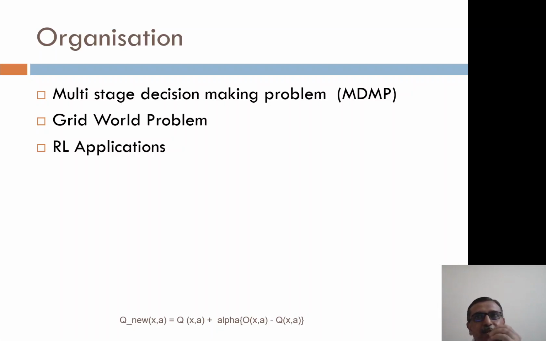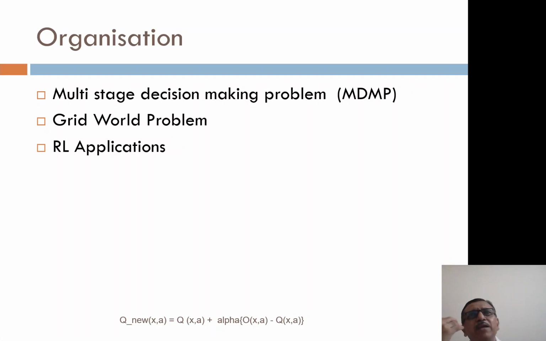Then the objective of this course is that there are a lot of decision making problems out there in various engineering domains, say electrical engineering, power systems. As I mentioned in the initial video, power system scheduling is a major area where RL could be applied, because you have to make a sequence of decisions there. Another area is robotics, where a robot has to take a sequence of decisions to achieve some goal.